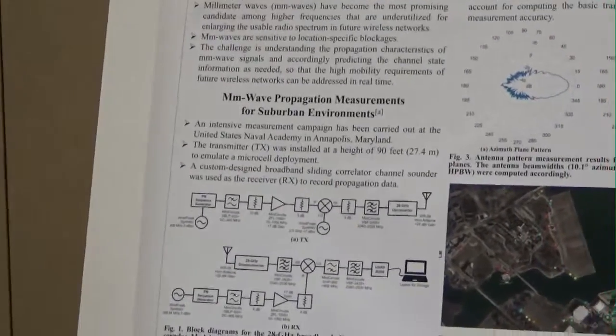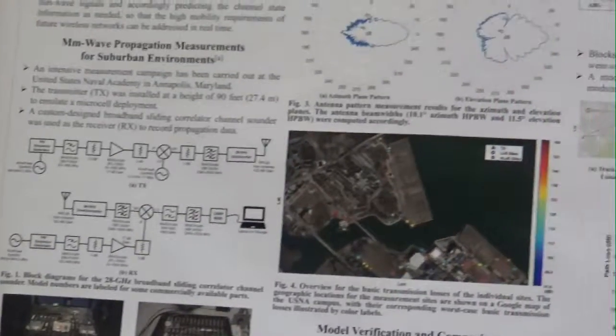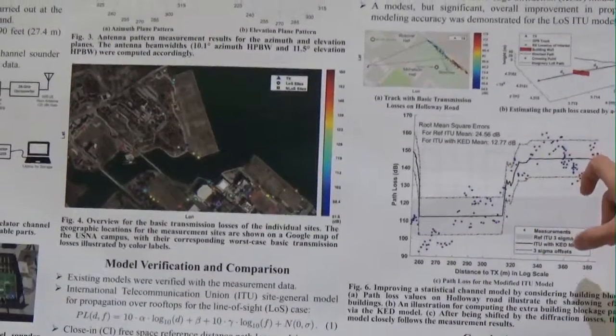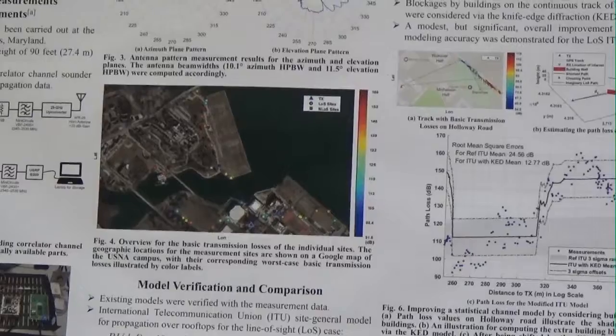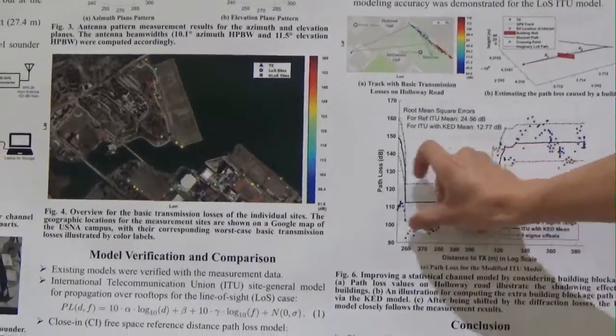Essentially, this is a statistical model to estimate the path loss given the distance. And the ITU model gives us a Gaussian type estimation. So here, the 3 sigma range is shown.